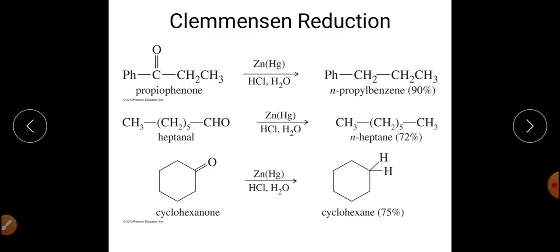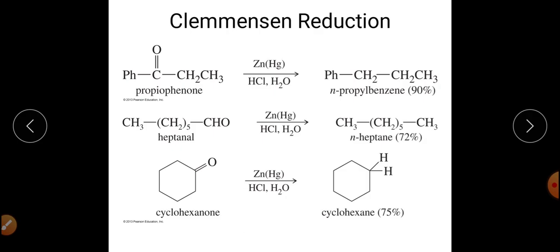In the case of Clemmensen reduction, the aldehyde or the ketone reacts with zinc, that is zinc amalgam, in acidified medium. When zinc amalgam is used in the acidified medium, the carbonyl group is converted into methylene.